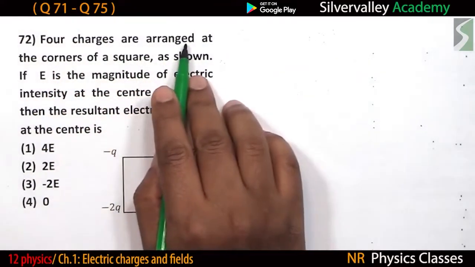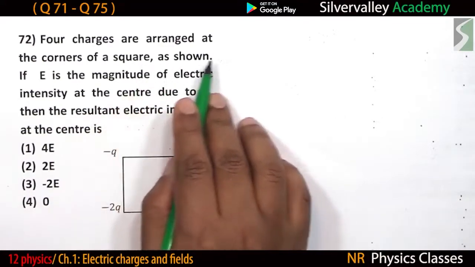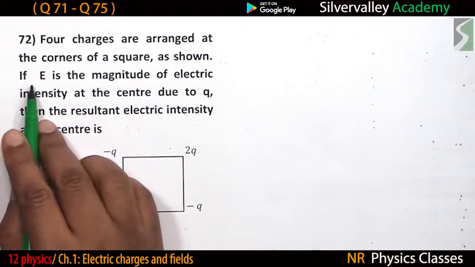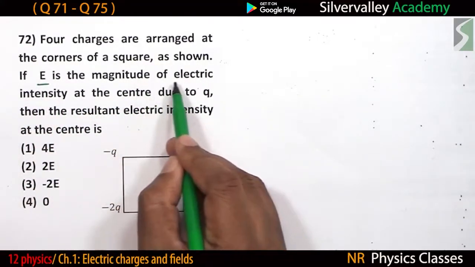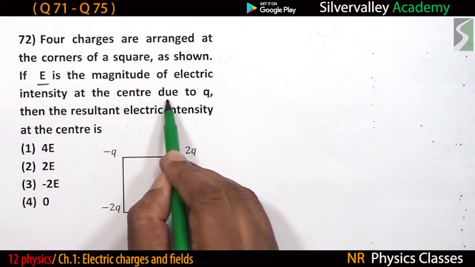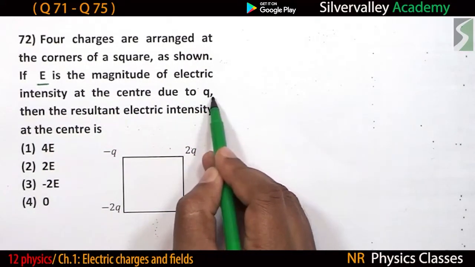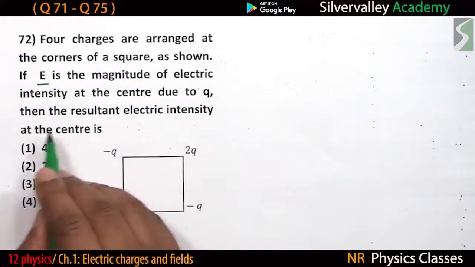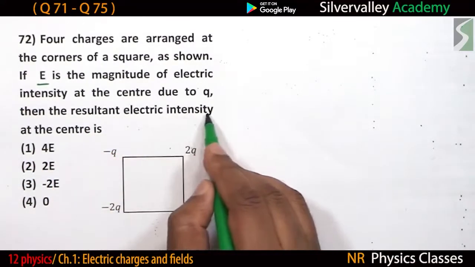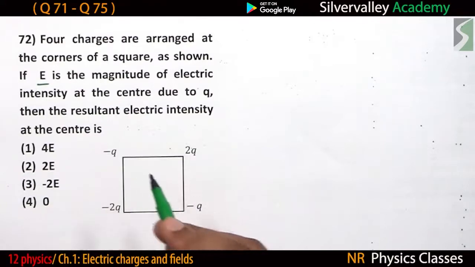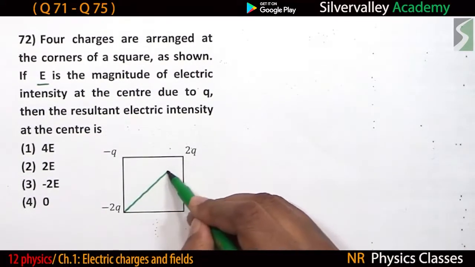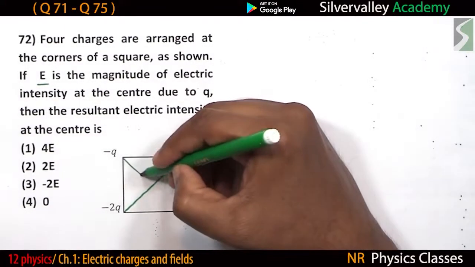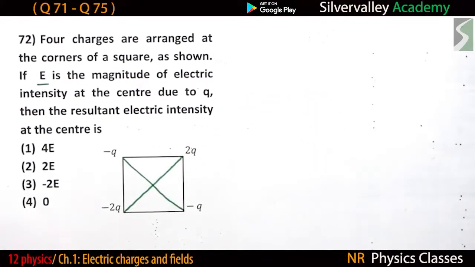Four charges are arranged at the corners of a square as shown. If E is the magnitude of electric intensity at the center due to Q, one of the charges Q, then the resultant electric intensity at the center is, at the center this is one diagonal, second diagonal.